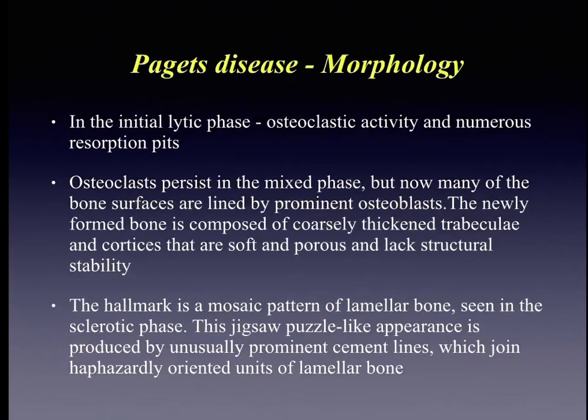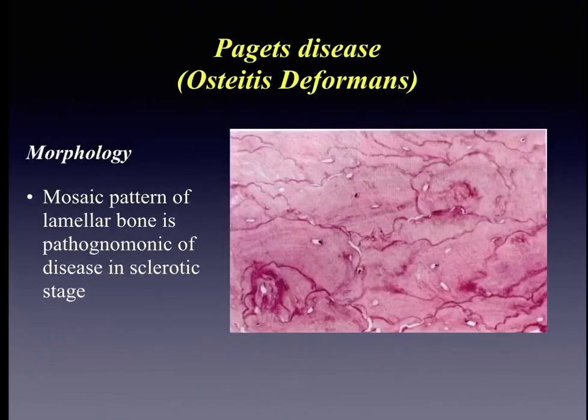As I told you earlier, the hallmark is the mosaic pattern of the lamellar bone, seen in the sclerotic phase. This jigsaw puzzle-like appearance is produced by unusually prominent cement lines which join the haphazardly oriented units of lamellar bone. It is pathognomonic of Paget's disease in the sclerotic stage.